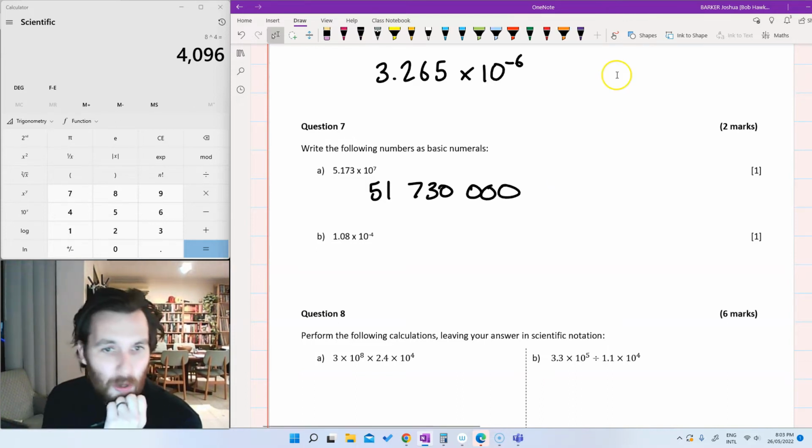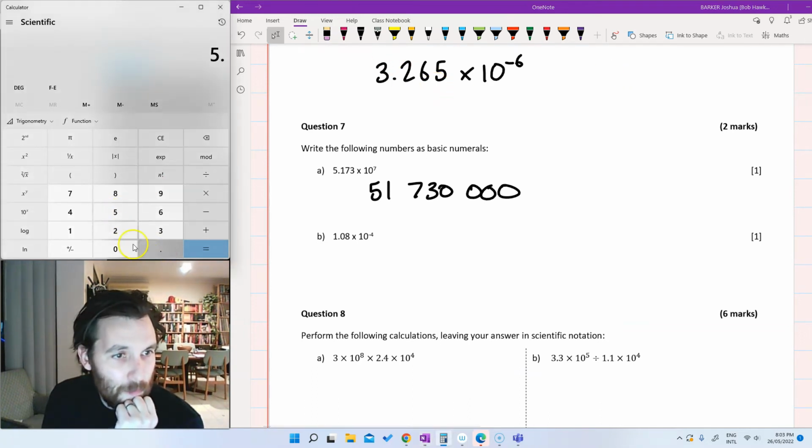One thing you could do as well is if you wanted to use your calculators just to double check, you could say 5.173 multiplied by 10 to the power 7, which will give you the same, hang on, that didn't quite give me the same thing. Maybe I'll write it slightly differently. So this is why it's important to know how your specific calculator works.